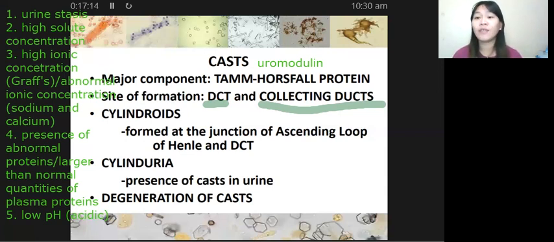Because take note that your casts dissolve in alkaline urine as well as in your neutral urine, and this will be compounded if the specific gravity of your urine is low. Specifically, if it is 1.003 or less, mas magdi-dissolve ang ating mga casts. Okay, ayan.